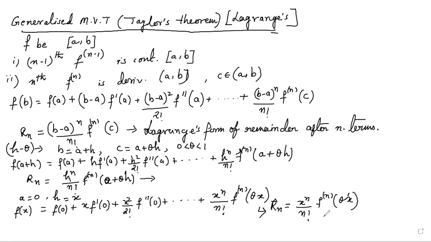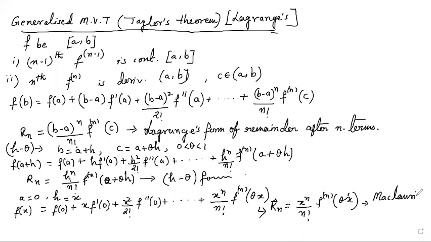So we have found for Lagrange's mean value theorem that the remainder after n terms, whenever I am considering the interval [a, b], will be modified to h to the power of n by n factorial f^(n)(a plus theta h) in the h theta form, and to x to the power of n by n factorial f^(n)(theta x) in Maclaurin's form.